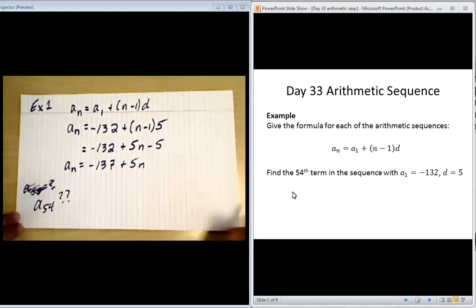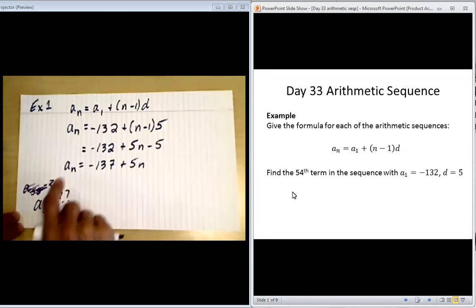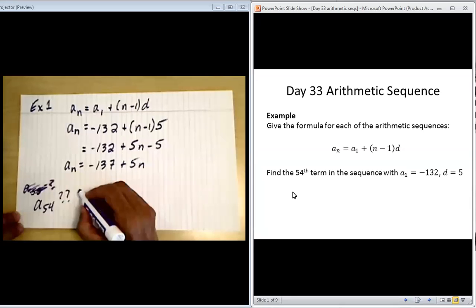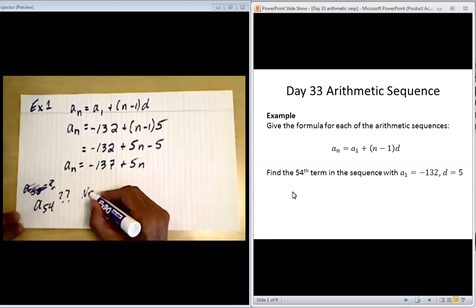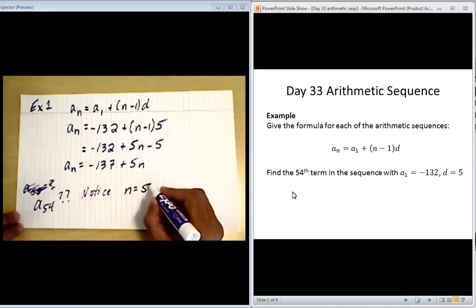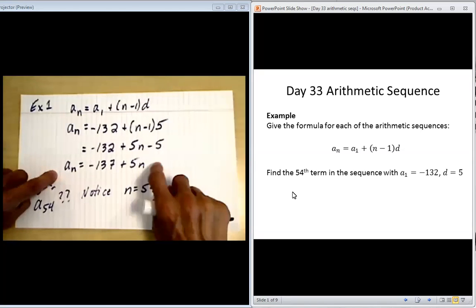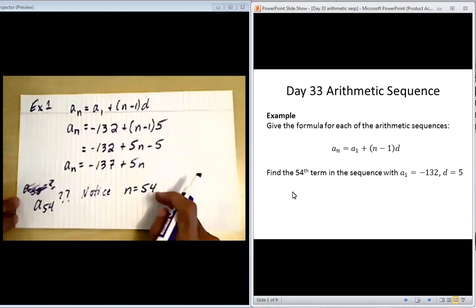Okay, so notice to get this answer, what you have to recognize is that n is equal to 54 because that's the term we're looking at. So that means in our general formula, we let n equal 54 and we're good to go.